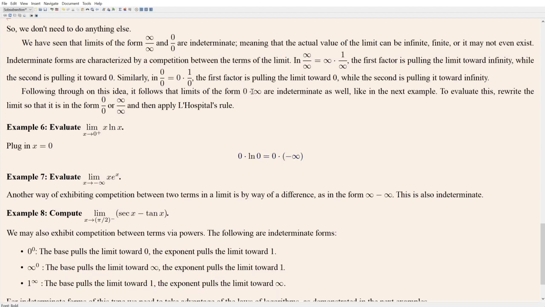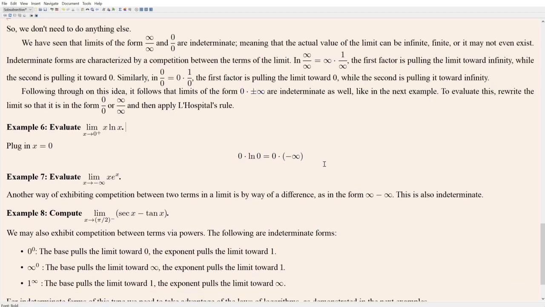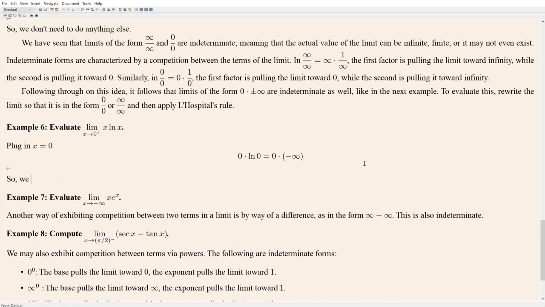So this is indeed of this form. I guess I should put a plus minus here. So this is of that form. So we need to rewrite this so that L'Hopital becomes viable.